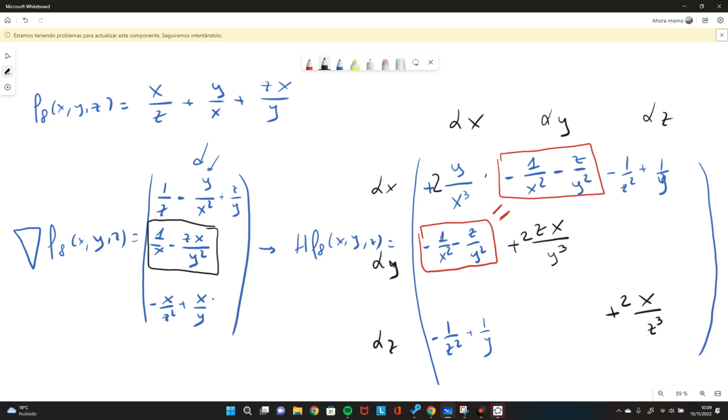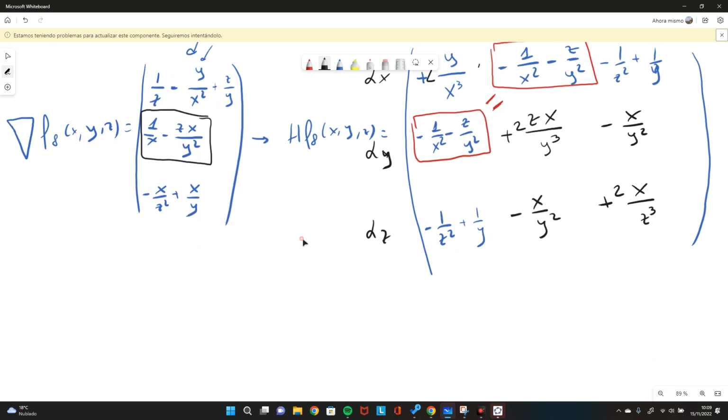I don't do anything with the first part, and here is just minus x divided by y squared, and here the same, minus x divided by y squared. So this is pretty much the whole Hessian matrix. In this case, I knew they were small, so I could fit the matrix there. And so here it is.